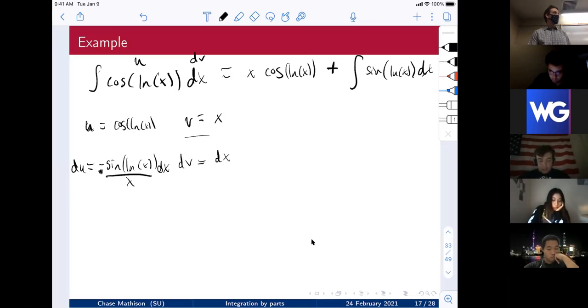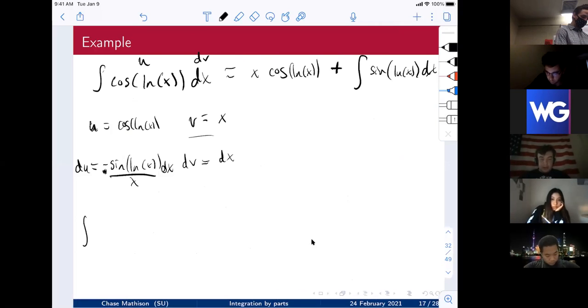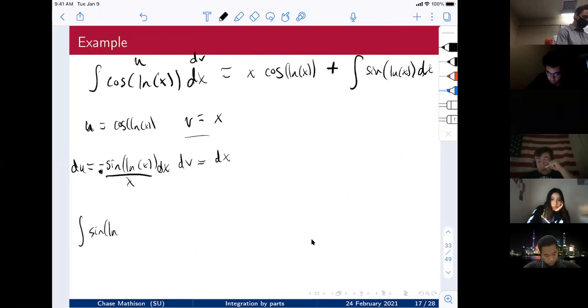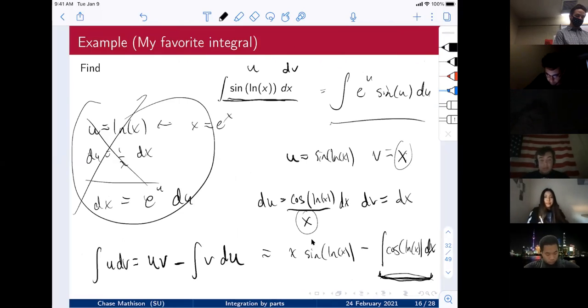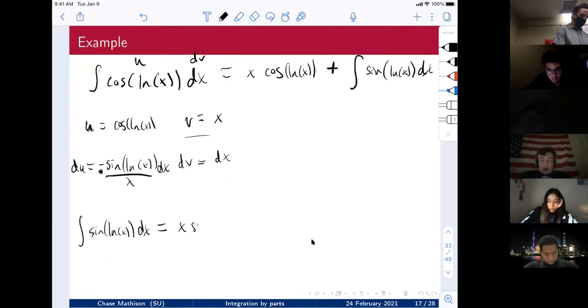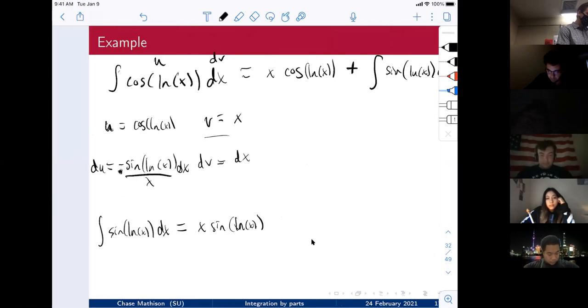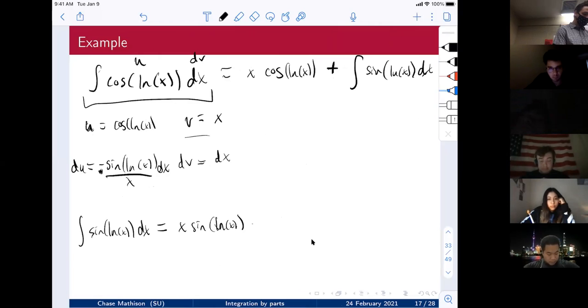So let's review what we've done. We started off with this problem, the integral of sine of natural log of x dx. We used integration by parts once to get this. So we got x sine of natural log of x minus this integral, so minus this stuff, right?